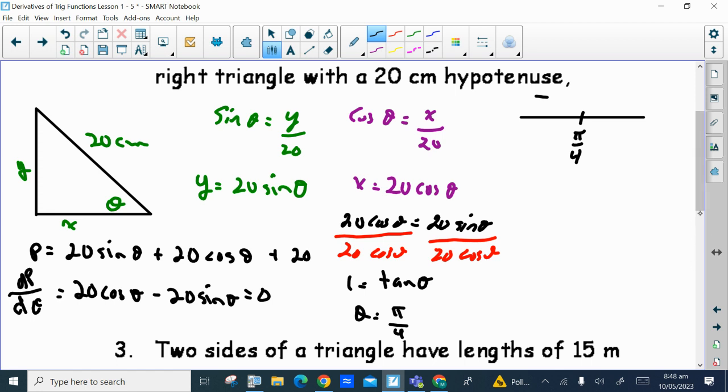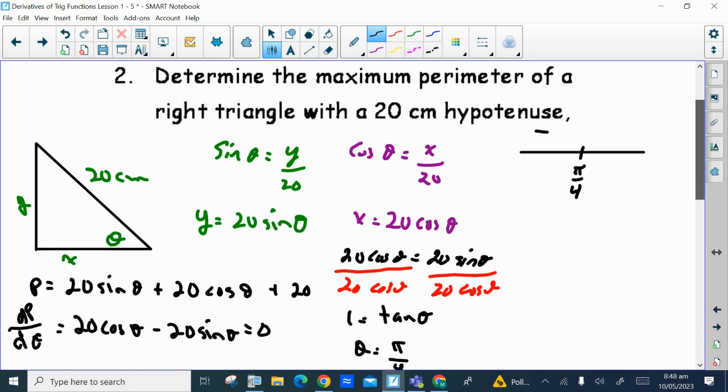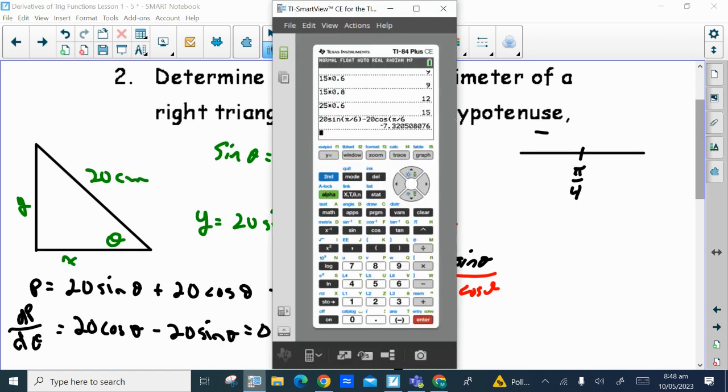Did I put that in the right order? No, I didn't. It's 20 cos first. So let's change that. 20 cos of pi on 6 minus 20 sine of pi on 6.